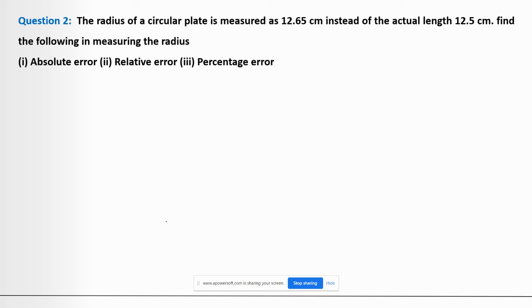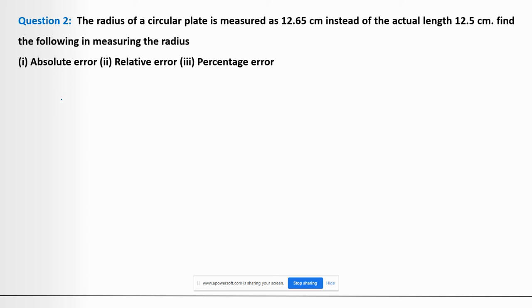Question number 2. The radius of a circular plate is measured as 12.65 centimeters instead of the actual length of 12.5 centimeters. Find the following in measuring the radius. First is absolute error, second is relative error, the third one is percentage error.